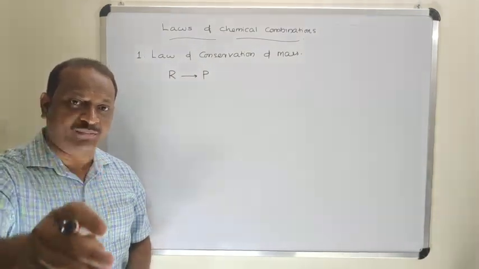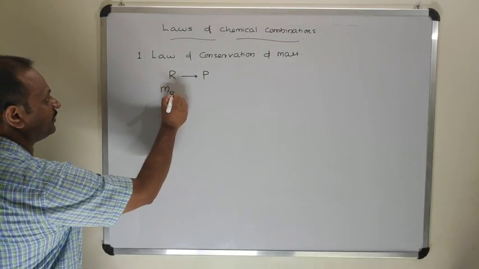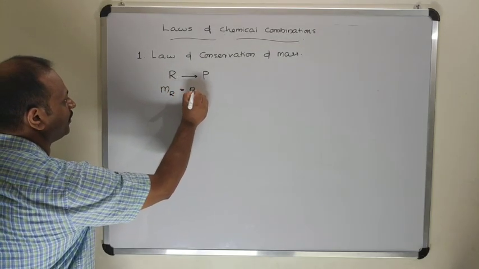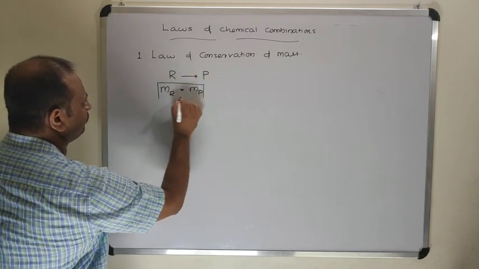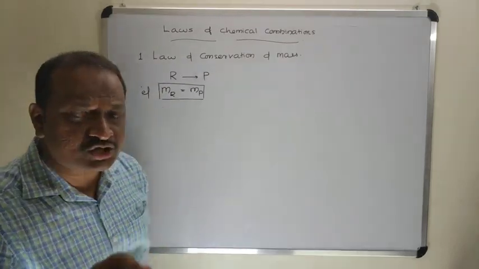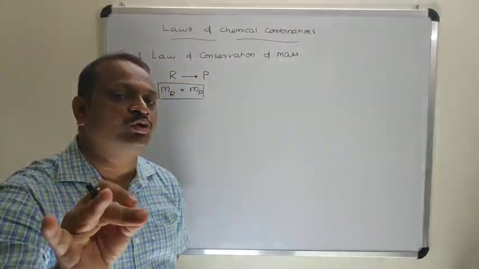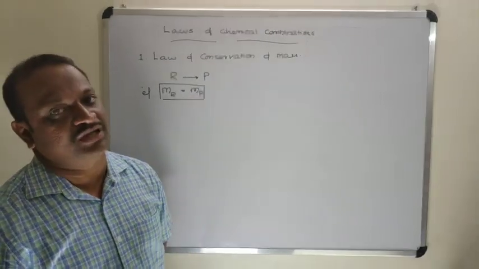See, during a chemical reaction, mass of the reactant must be equal to mass of the product. If mass of the reactant is equal to mass of the product, then you need to say that reaction obeys law of conservation of mass.